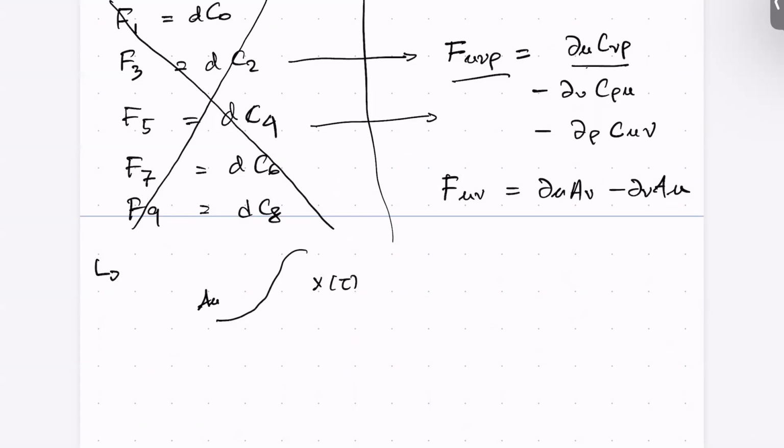You've seen it? Okay, I think you did. Yeah, a particle charged under a gauge field. Okay, no, not in any courses, not in this school, maybe in electrodynamics. Have we seen this? No, right? Okay.